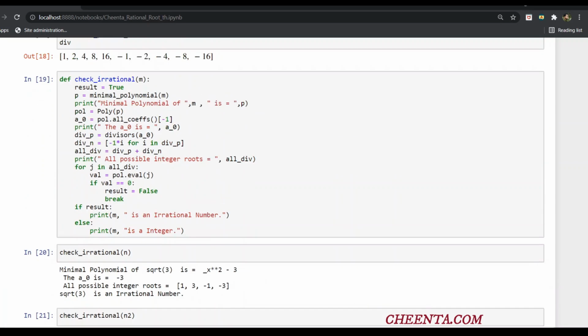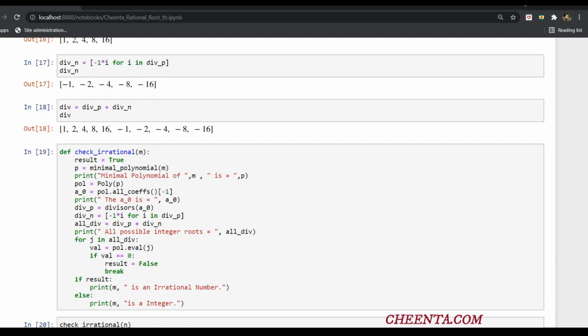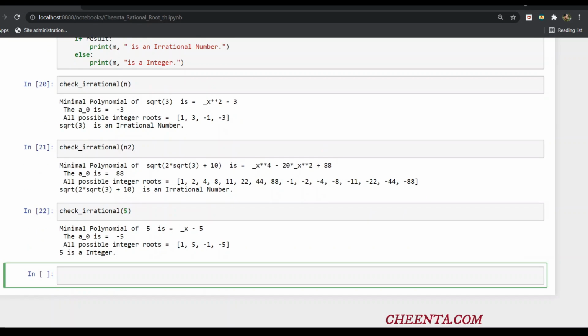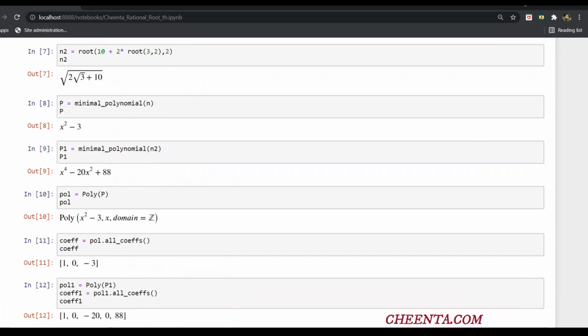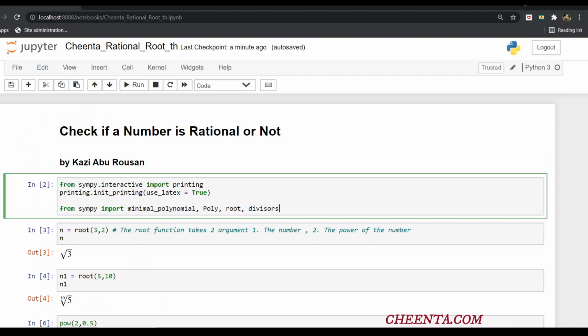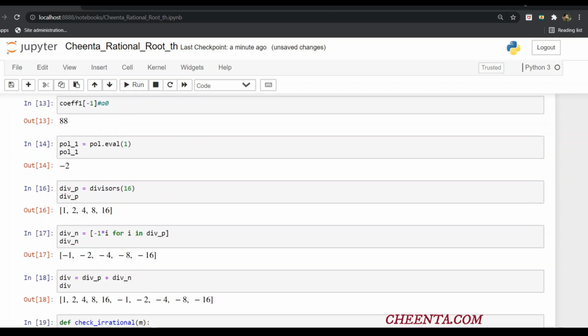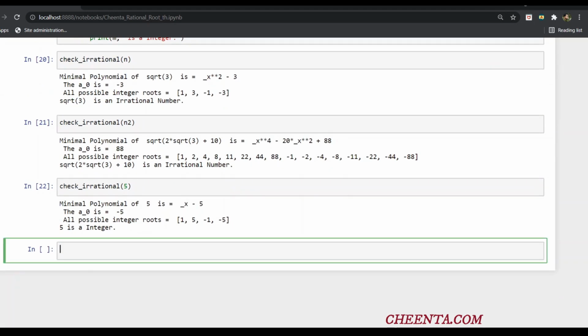You can also try it out for pi or things like that, but to do that you need pi from the SymPy library. So let me import pi here. Let's run it, and now let's use pi.